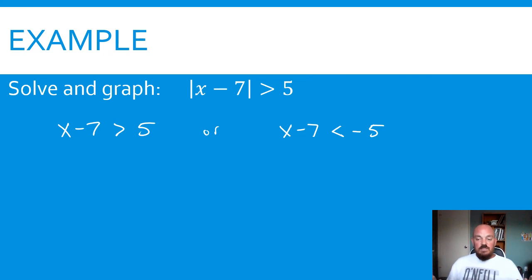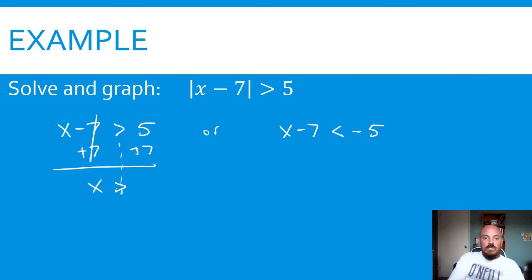Now again, once you've done that first step, once you've changed it into a compound inequality, you know what to do from yesterday. This is an or, so I'm just going to solve them separately. I can do both of them actually with the same step, just by adding 7 to both sides for this one. So I add 7 to both sides. x is greater than 12.